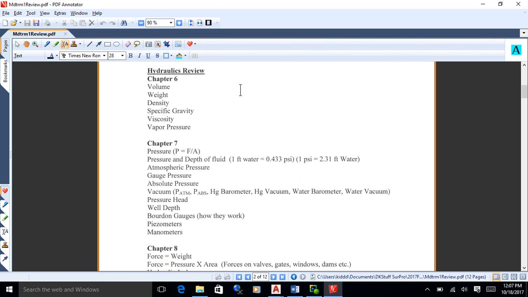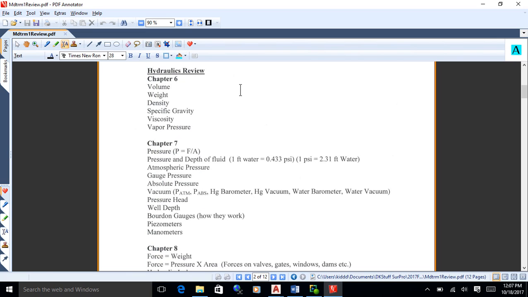Okay, then we did pressure, where pressure is force over area. And then being as we're mostly dealing with water in this class, we looked at the relationship there between pressure and depth of water. We have those numbers there on the formula sheet. Now keep in mind when you do this little test, you'll get a formula sheet, okay?